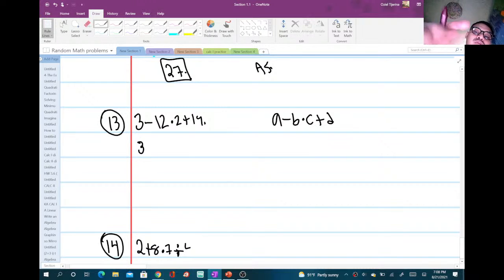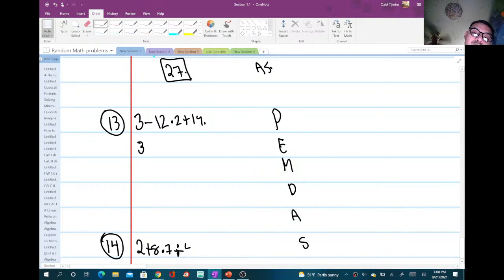So like I said, here you follow PEMDAS. There's no parentheses, there's no exponents, there's multiplication. So we have 3 minus 24 plus 19. You have to be careful, okay?